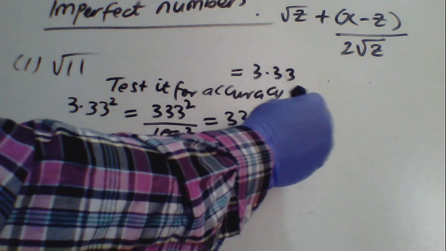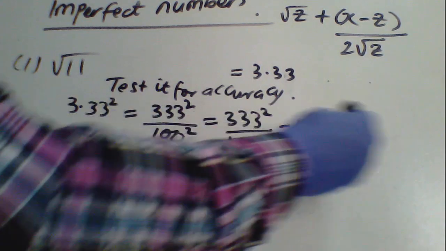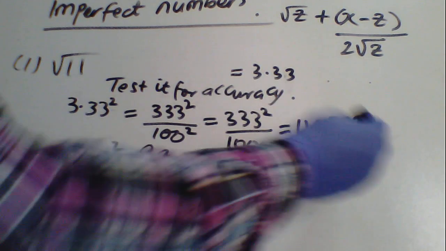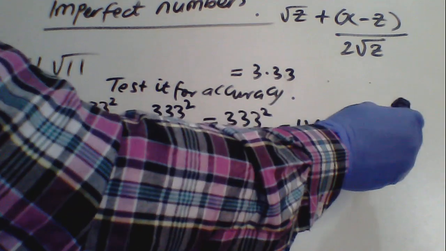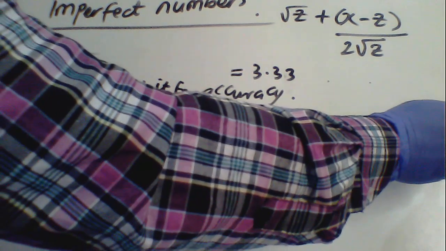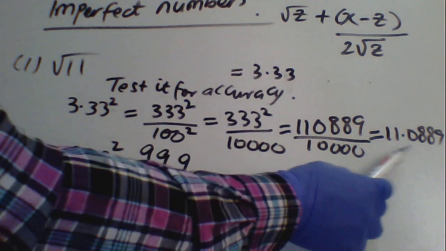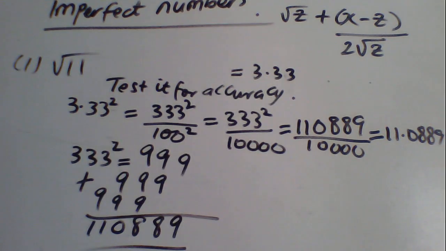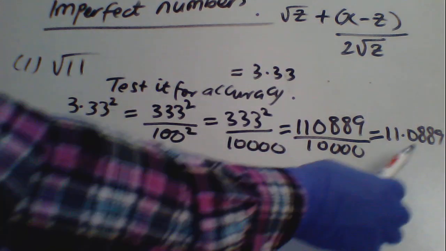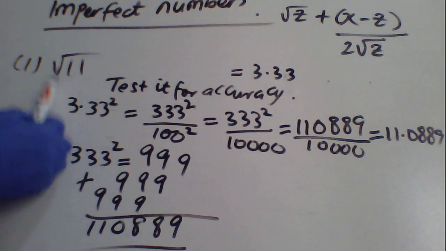So from here we have 11,0889 divided by 10,000, and this will give us 11.0889. Then you see that, for you to know that your answer is correct for decimal digit adjustment, the first digit here, once you are multiplying, notice that this is not exactly 11.